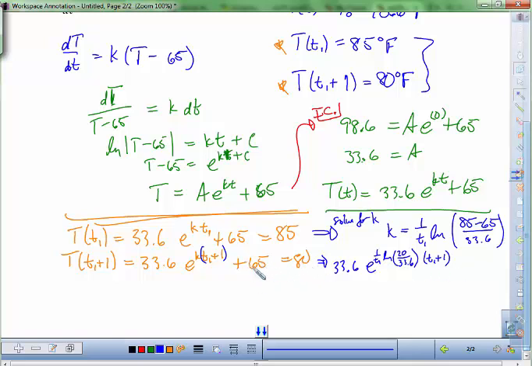I'm just going to subtract 65 from both sides. Is that going to be 15?